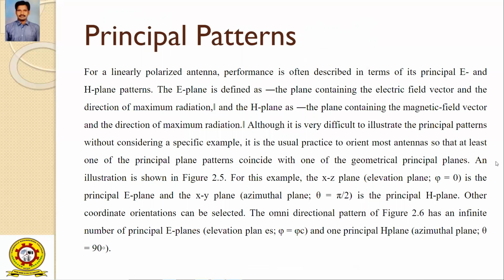The E plane has only the electrical field vector along its direction of maximum radiation. The H plane has the magnetic field vector along the direction of maximum radiation.